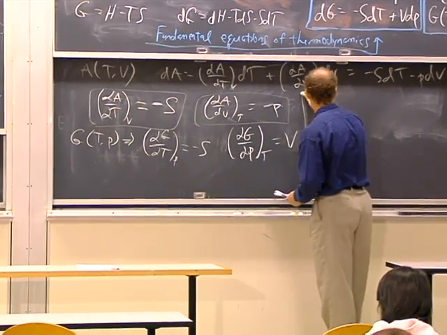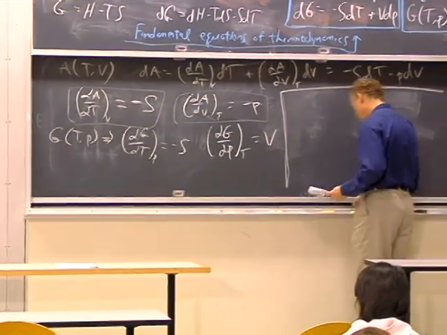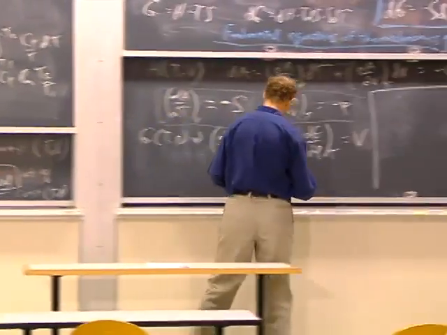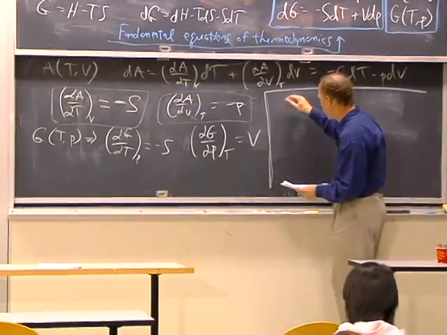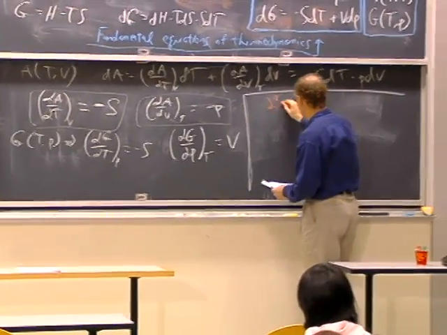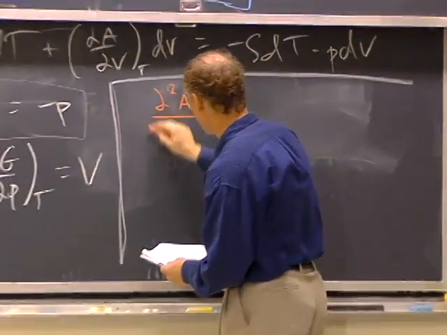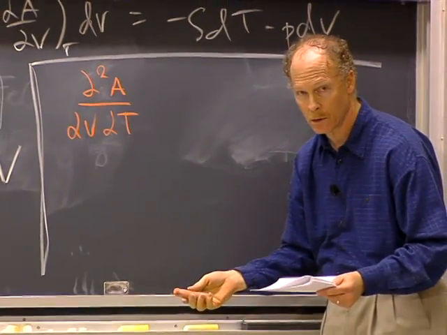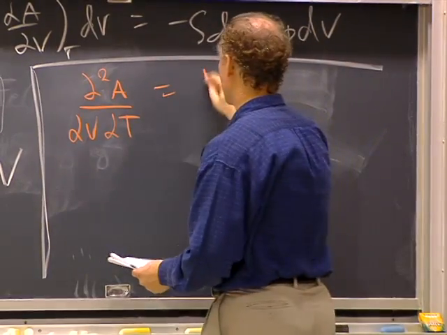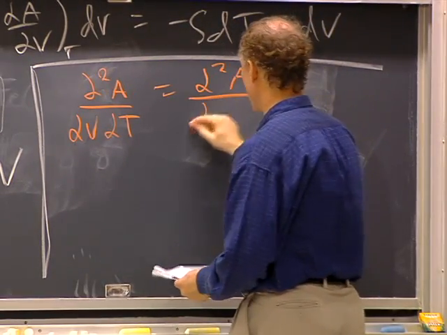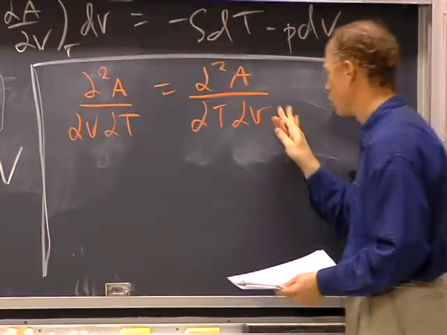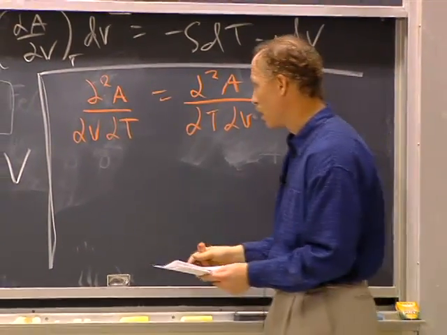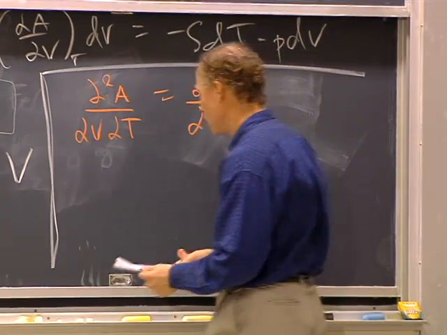So let's leave these off for a moment, and now let's try that. And the point is that the second derivative of A with respect to V and T in this order is the same as the second derivative of A with respect to T and V in this order. It doesn't matter which order, right? But that turns out to be useful.